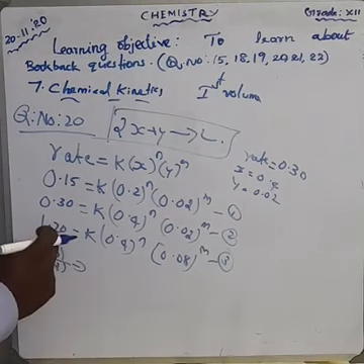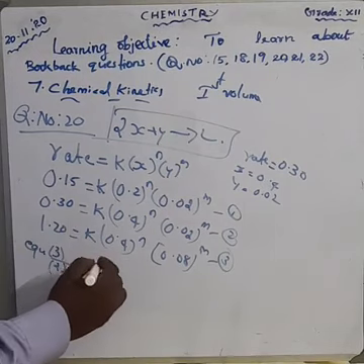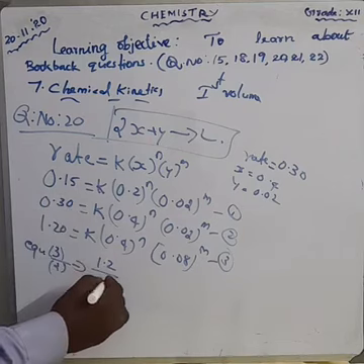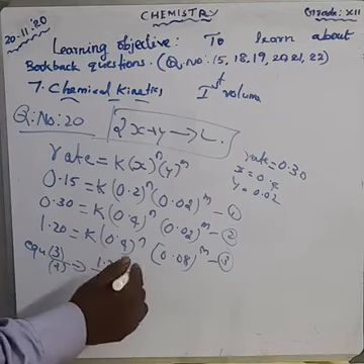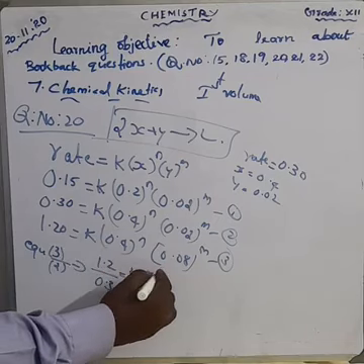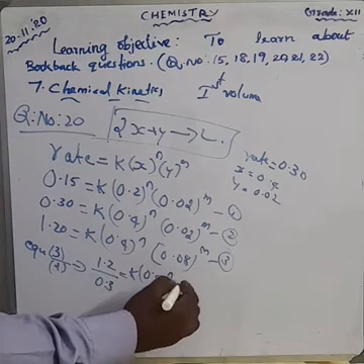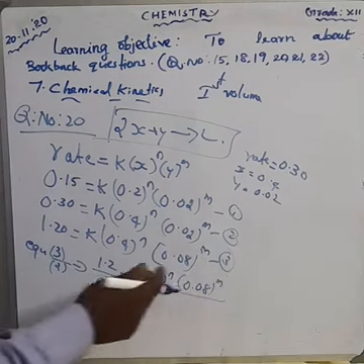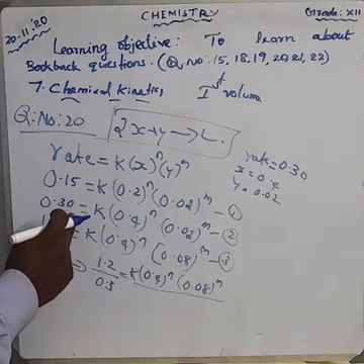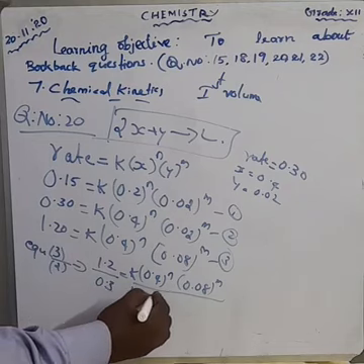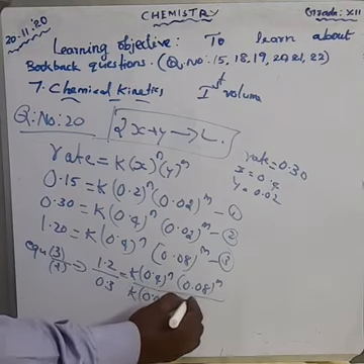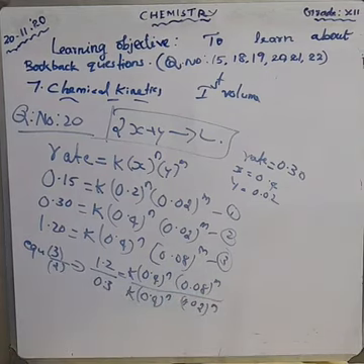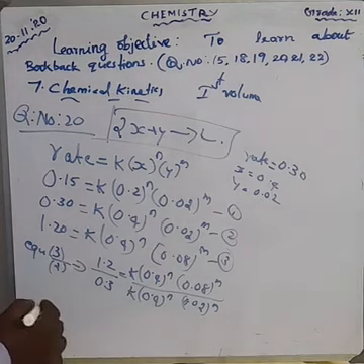So what about the 3 by 2? 1.2 divided by 0.3 is equal to, first write k, 0.4 to the n, 0.08 to the m, divided by the second equation, k into 0.4 to the n, 0.02 to the m. Okay.